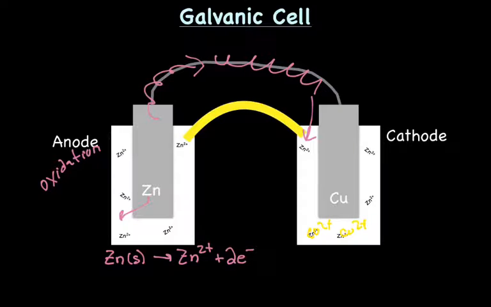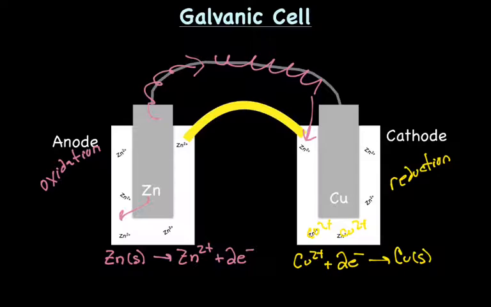So at the cathode region, this is where reduction is taking place, and the copper 2 ions capture a couple of electrons, producing copper solid.